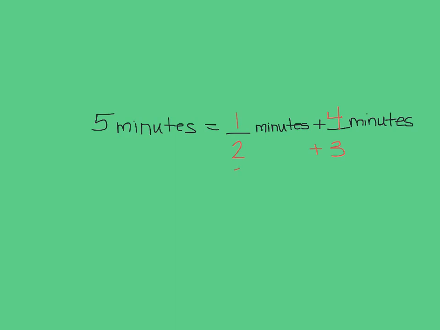I know the opposite of that, 3 plus 2 is still 5. And I also know 4 plus 1 is 5. So we found 4 different pairs of numbers that add together to make 5. We're going to use this same strategy for fractions today.